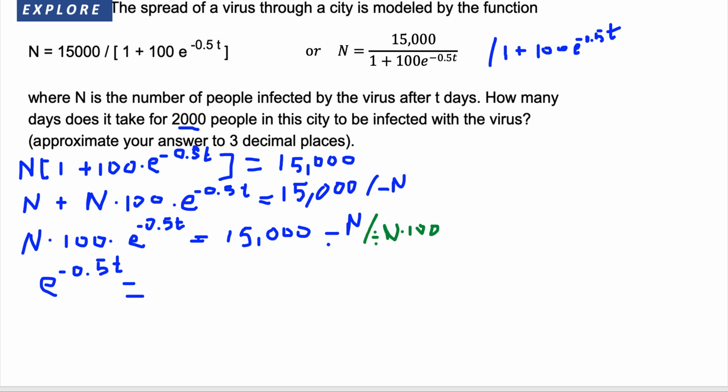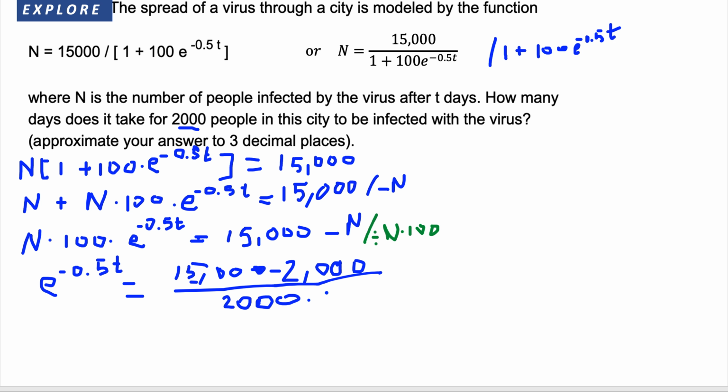So instead of N I'm going to substitute 2,000, and now I can write this with numerical values, and we can solve this equation much easier, because we have just one unknown, which is the day. So 15,000 minus 2,000, everything divided by 2,000 times 100, times e to the exponent minus 0.5t.